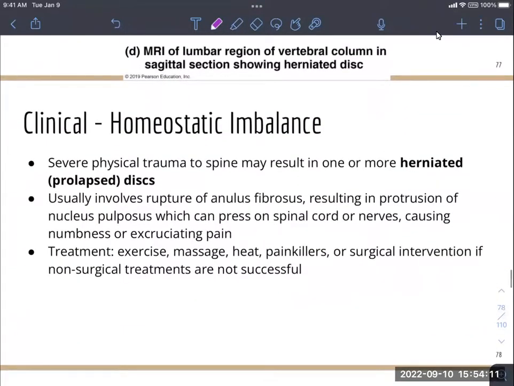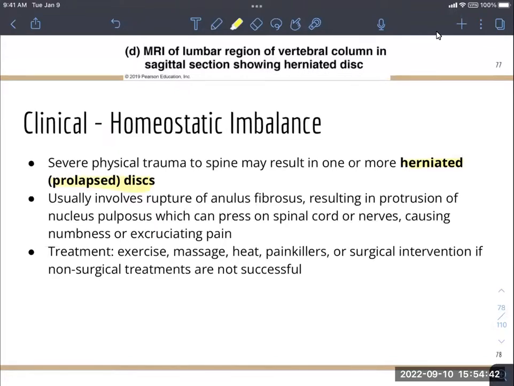There are a lot of things that can cause a herniated disc. Herniated or prolapsed disc, they have different names depending on how far that nucleus pulposus has traveled outside of that annulus fibrosus. It depends on what it's hitting, because sometimes those discs can bulge out, but they don't hit anything.